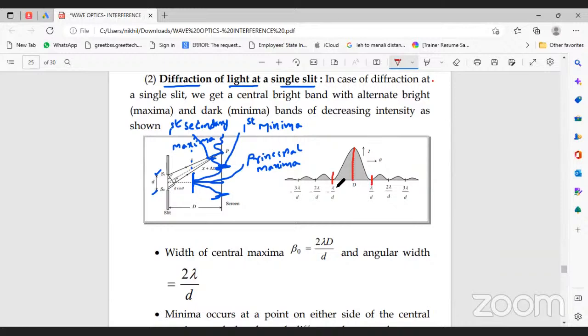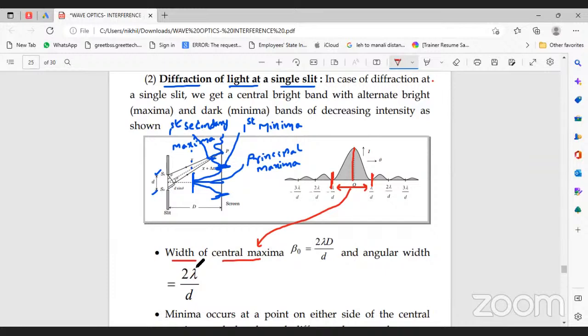Then this distance is called the width of the central maxima. The distance between the two first minima on either side is called the width of the central maxima.